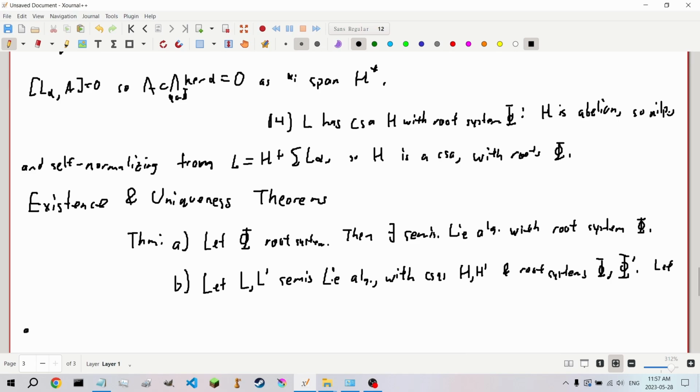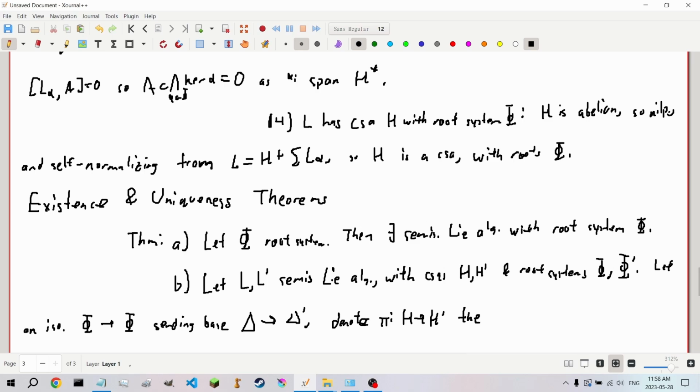Let there be an isomorphism from phi to phi prime sending a given base delta to delta prime, and denote by pi from H to H prime the associated isomorphism.